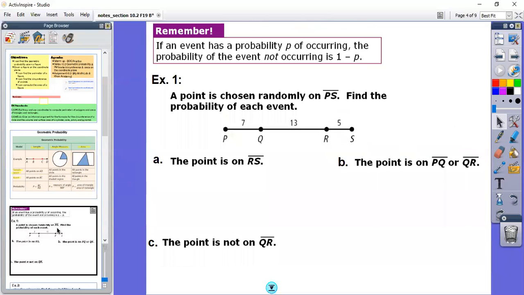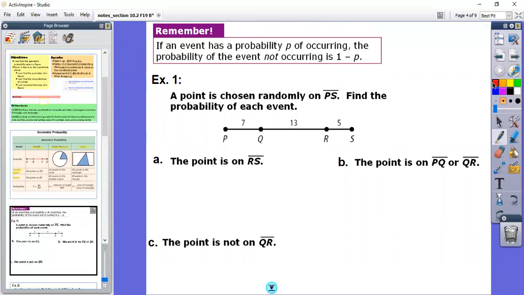So let's look at some more examples on length. Example 1: a point is chosen randomly on segment PS. Find the probability of each event. When I'm doing probability, I usually want to think about what the total is.